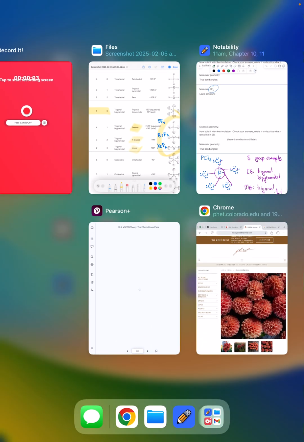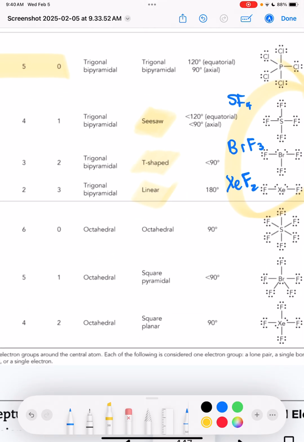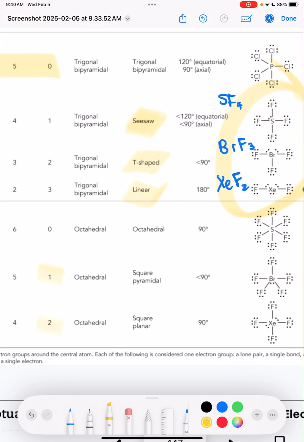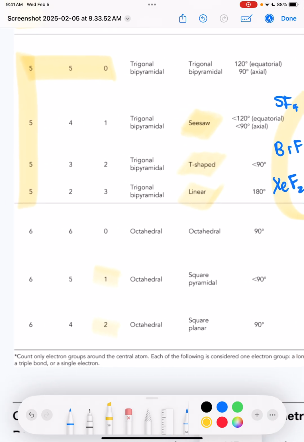Okay, since I don't have additional examples in here, I'm going to go ahead and show you in the simulation as well as in this table. So we did all of those examples, and now we're going to look at the others for 6 groups, where we have one lone pair, two lone pairs. Now, there are ones with additional lone pairs. They're a lot less common, and so we don't talk about their examples nearly as much, so that's why they're not included on this table.